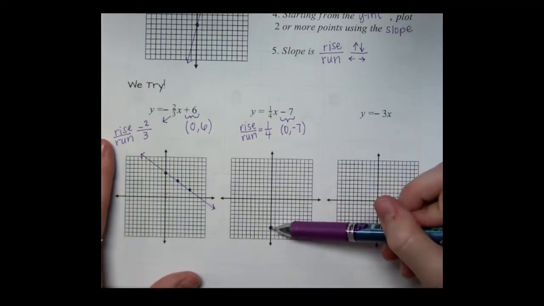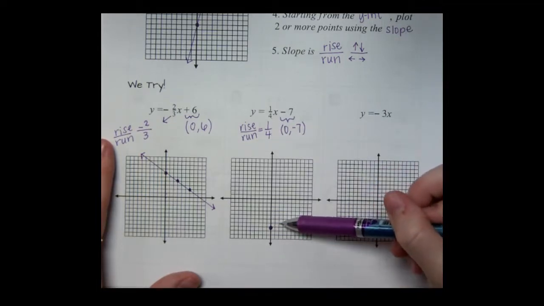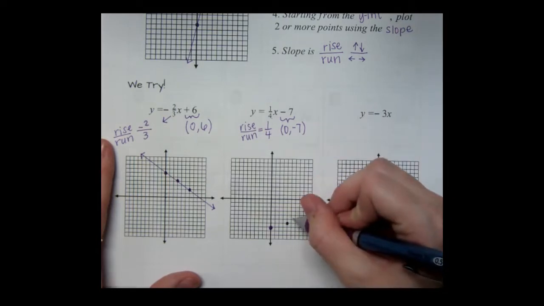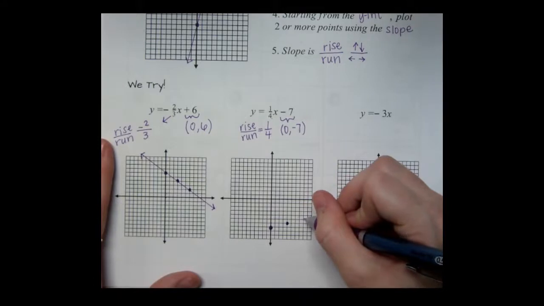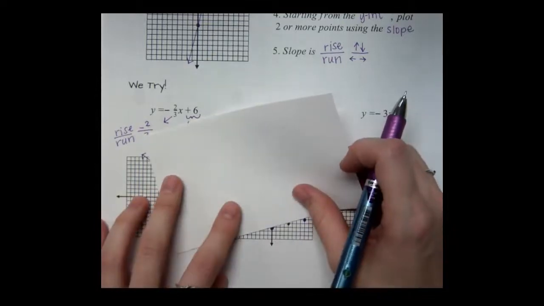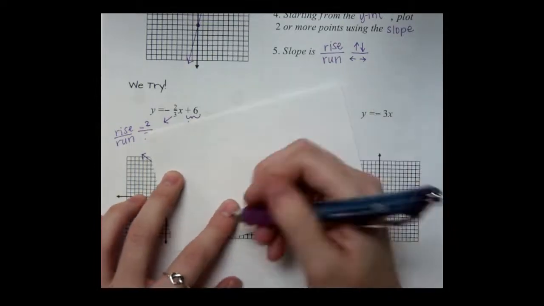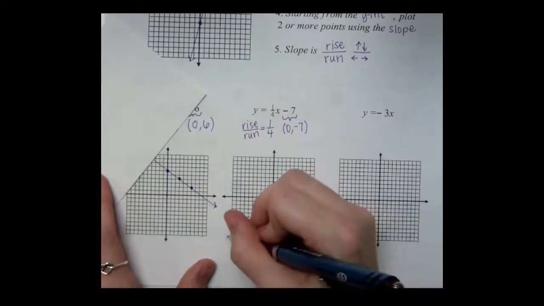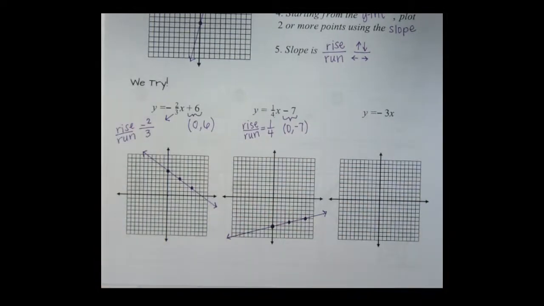So I start with my y-intercept, up 1, positive 4 to the right. That's 1 point. Up 1, positive 4 to the right. I added my 2 more points. I'm going to grab my note card. Draw my graph.